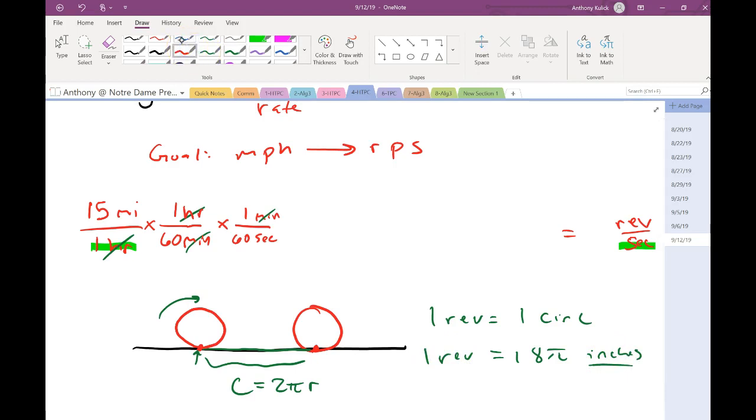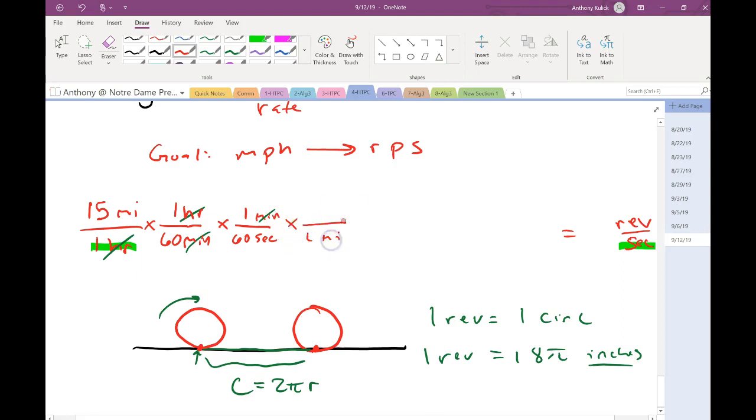So, great. I have now a conversion between a linear distance and a revolution, but the unit I need my length to be in is inches. Right now it's currently in miles. So let's next convert miles to inches. To do that, I would first convert miles to feet.